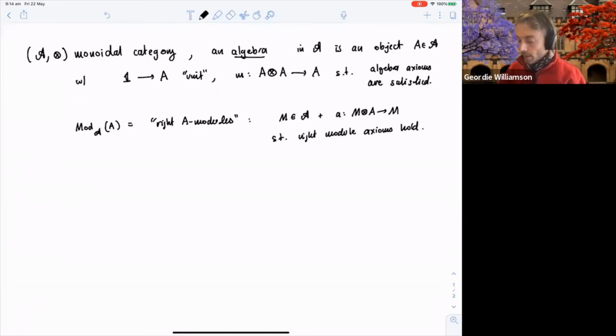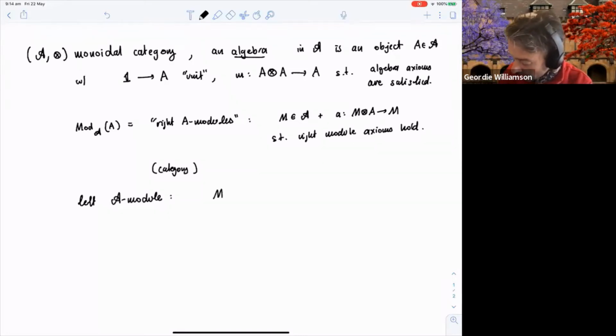And one important observation is that this is a category, and it's also a left module over the monoidal category.